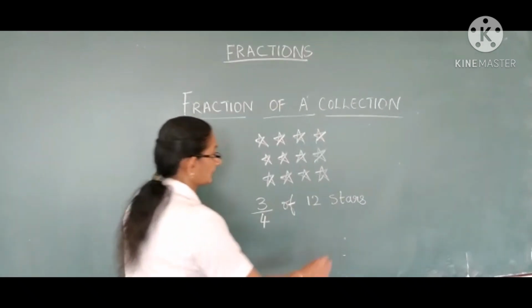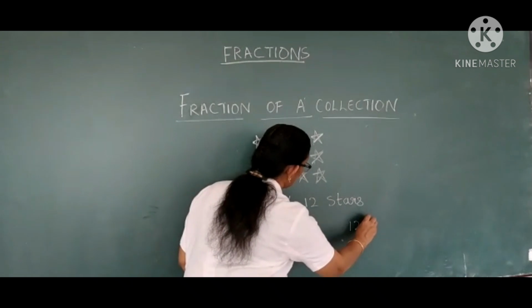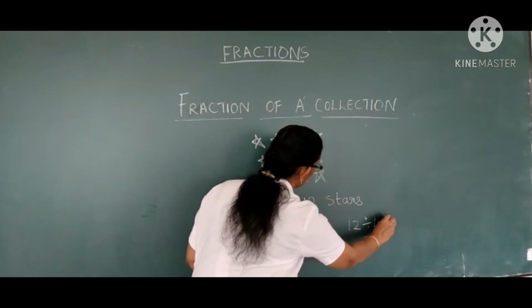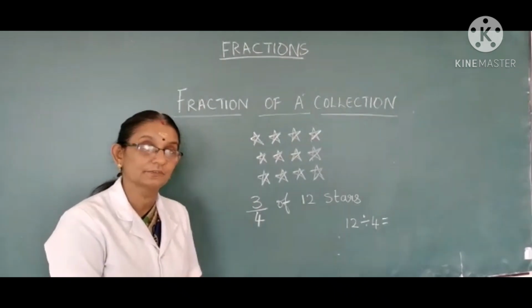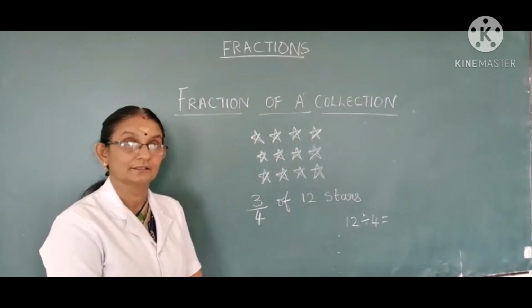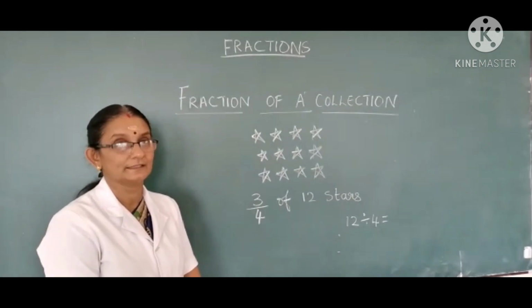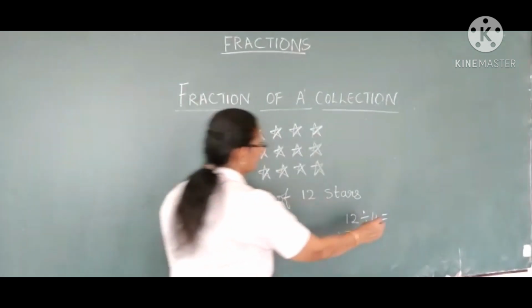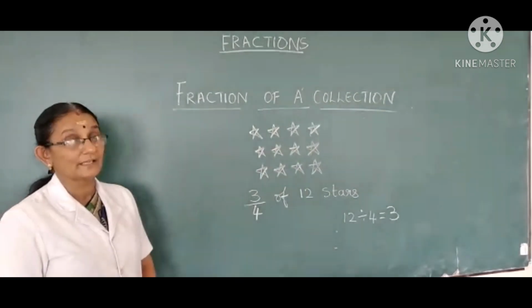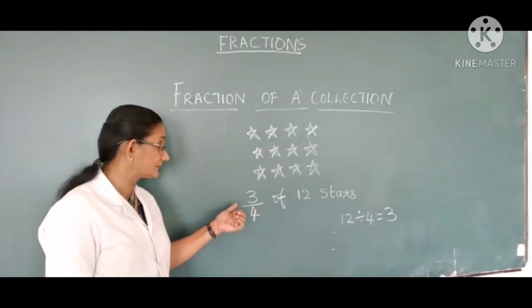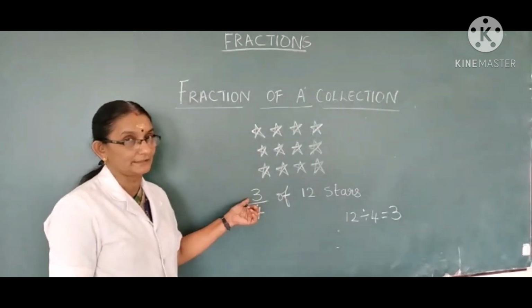So, 12 divided by 4 is equal to, what is 12 divided by 4? Take the table of 4. Yes, 4 into 3 is equal to 12, isn't it? So, 12 divided by 4 is equal to 3. Now, multiply the numerator. Which is the numerator? 3, isn't it?